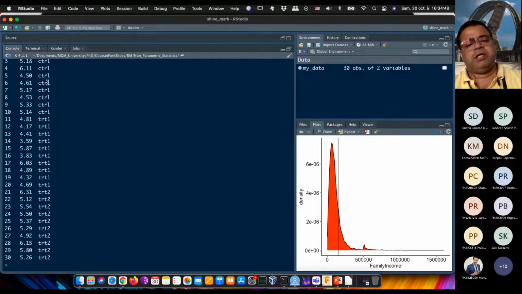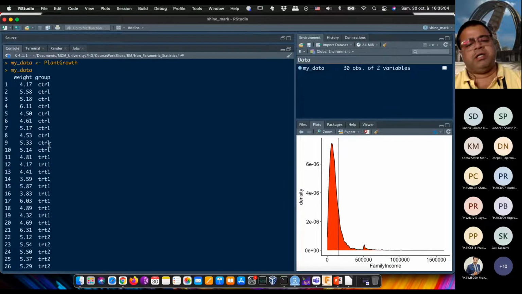If I don't have the data in this format, I have to use a command. You can note down the command, and you can search on Google on how to run it. There is a command called melt, MELT. You can use the command melt to create a table like this.